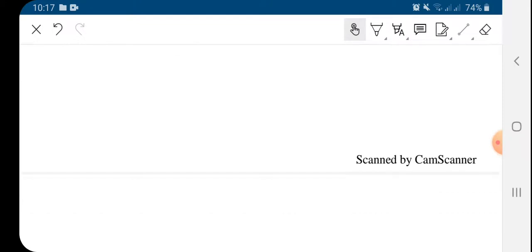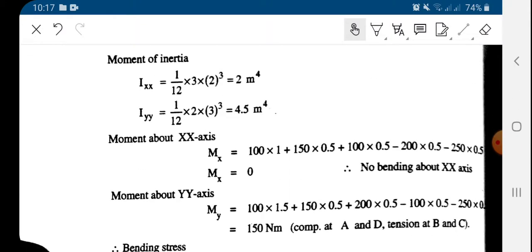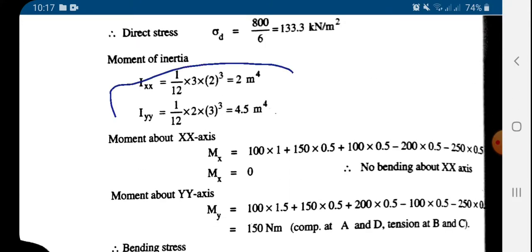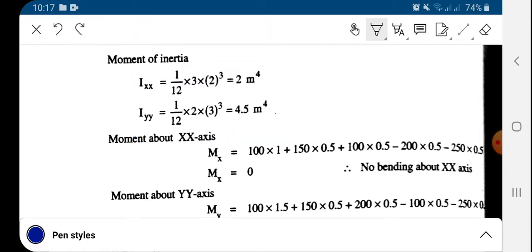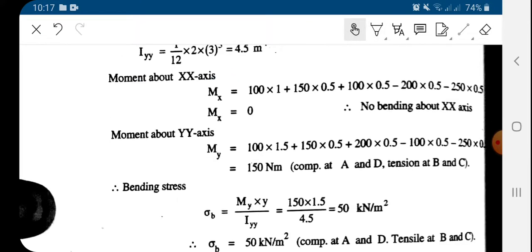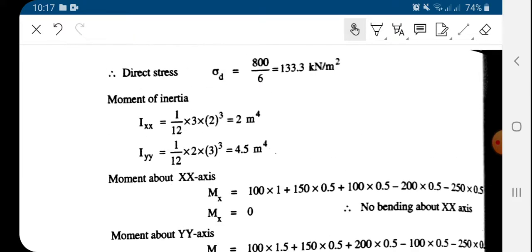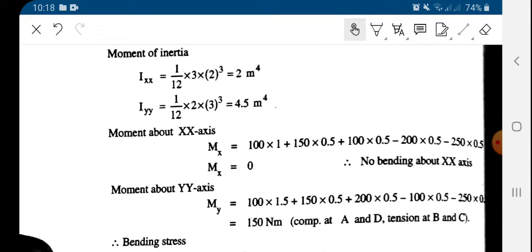By using that, we can easily find the moment of inertia about both the axes. Next, we have to find the moment about both the axes. There are 5 loads, so we have to take the moments of each load about the x-axis as well as the y-axis.